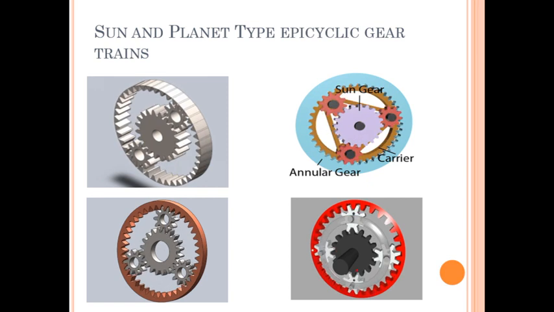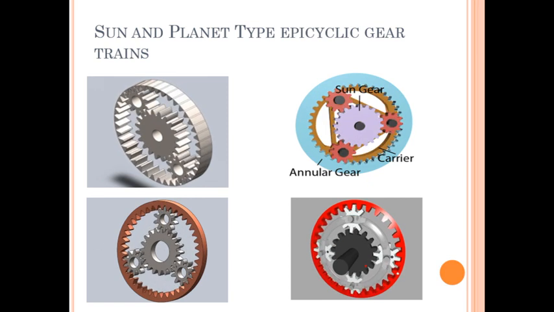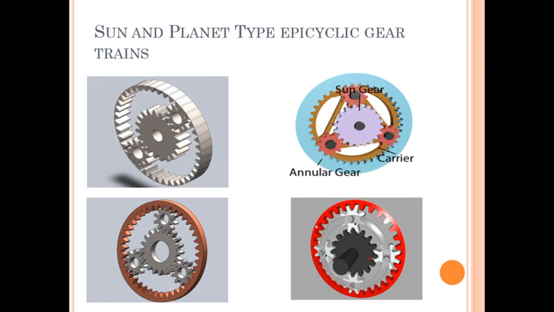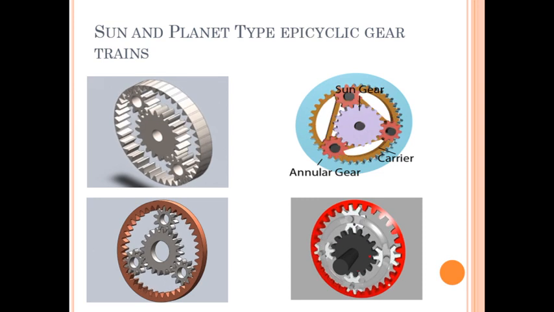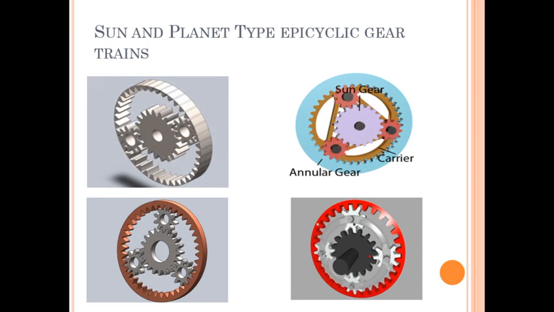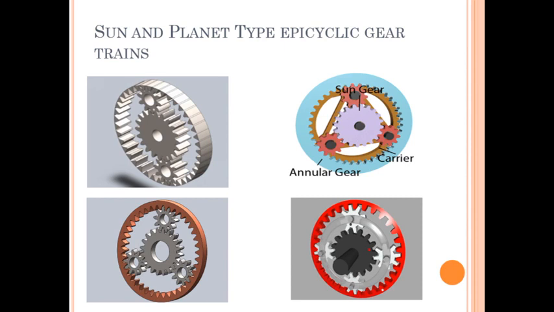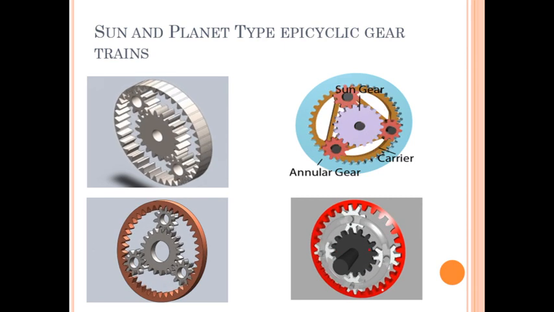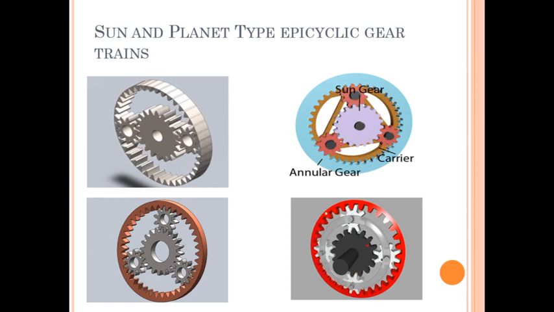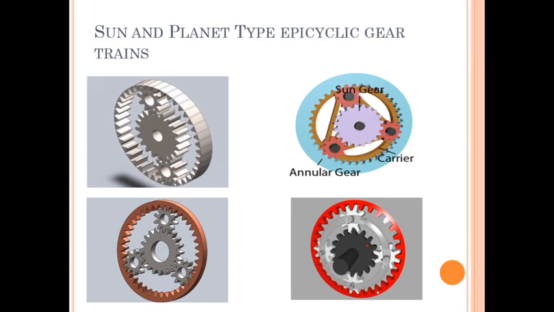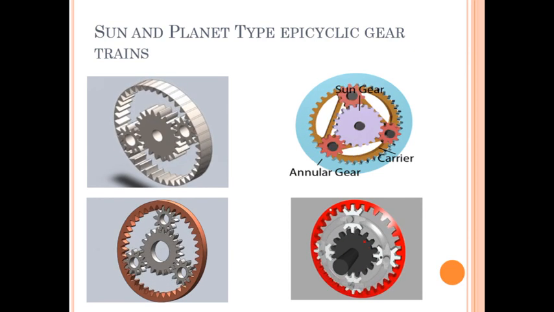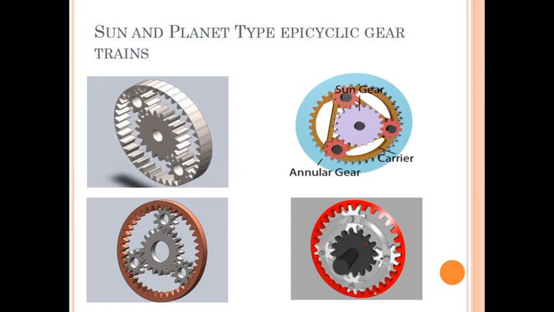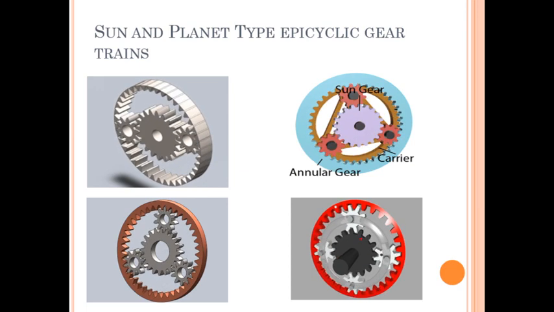Whatever outer gear is there, which has inner side teeth, is called the annular gear, and whatever gears are rotating around the sun are called planet gears, and those planet gears are carried by a carrier. Understand the geometry: sun gear, planet gears, annular gears.